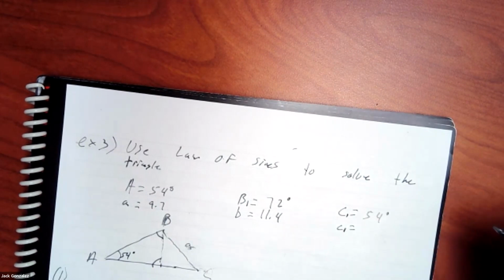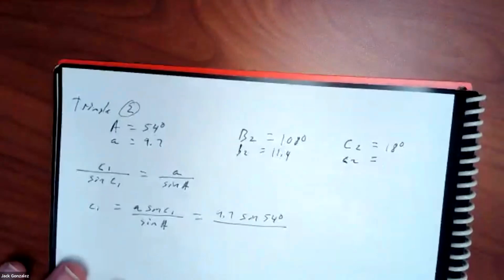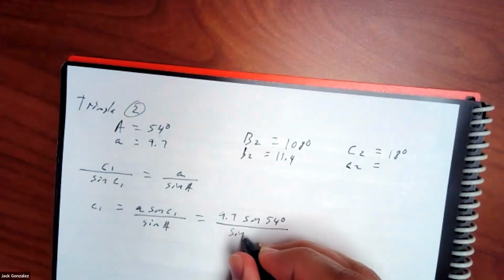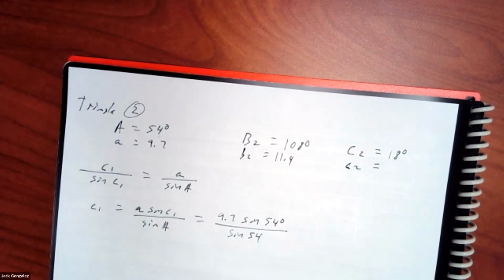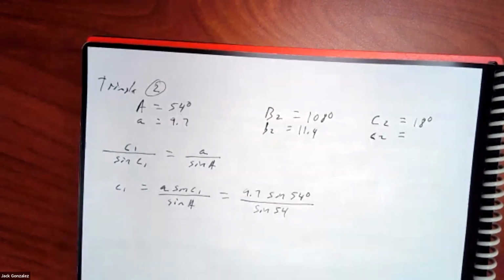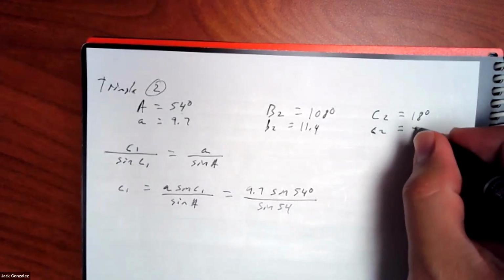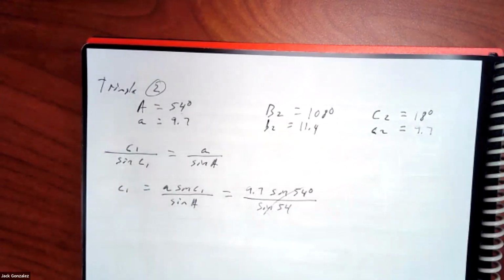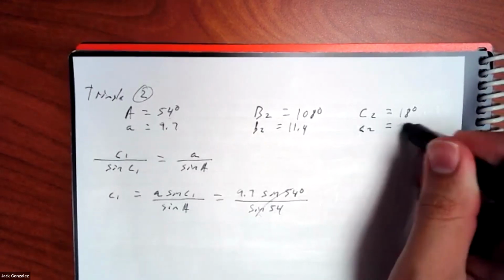When I saw the same number, I assumed I was wrong, but never mind. Just messing with my head. Sine A is 54, so that means that C2 is 9.7. Right, these are gone. Okay. Sorry guys, I'm a little scatterbrained today.